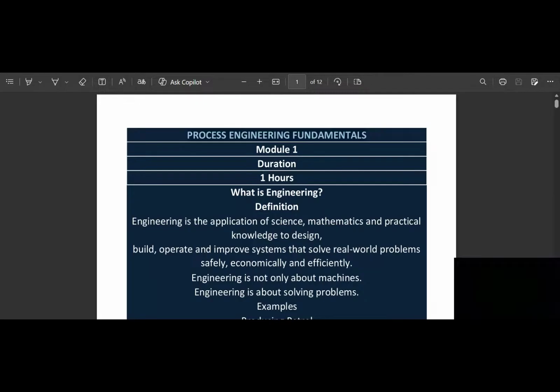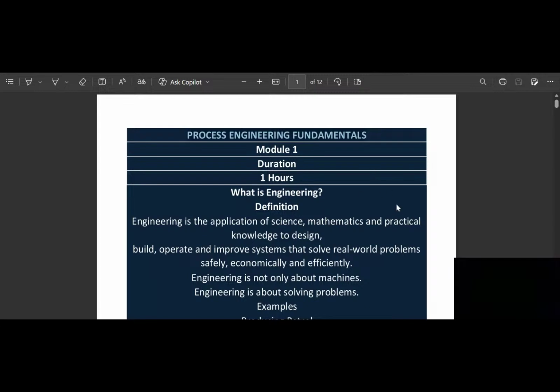So I have designed some modules for you, so you can at least get some information about process engineering. I hope it will deliver a lot of knowledge to you as a beginner, as a fresher. So let's start with the module first.